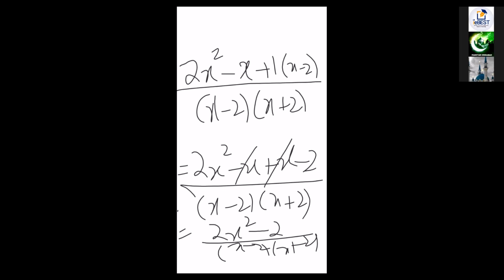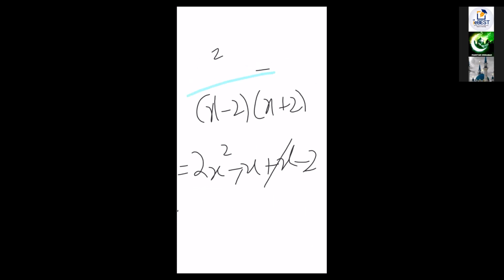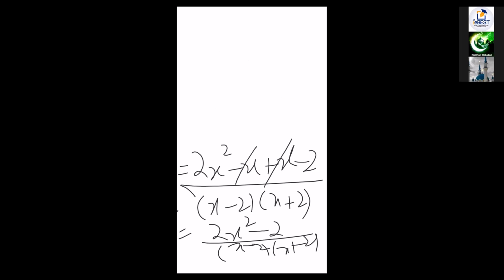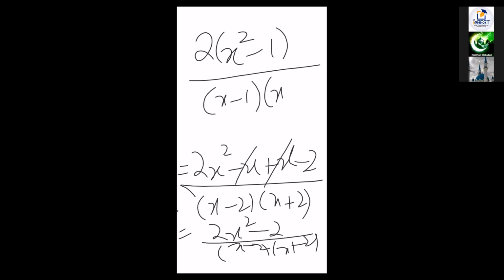So now the next step is I'm going to write 2 into x squared minus 1 divided by x minus 2 and x plus 2. Now tell me, did you understand this step, Aisha? How I have written x squared minus 1? Because in place of 2 nothing comes, so for the sake of the minus sign we're going to put 1 in place of 2. You get it?